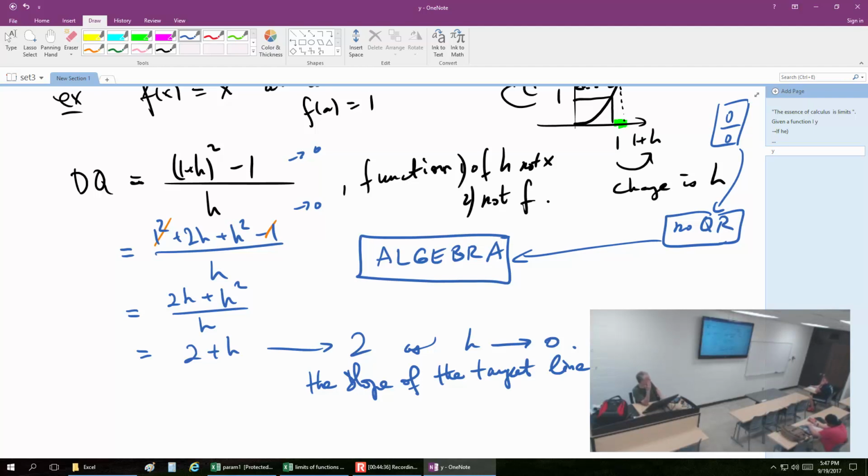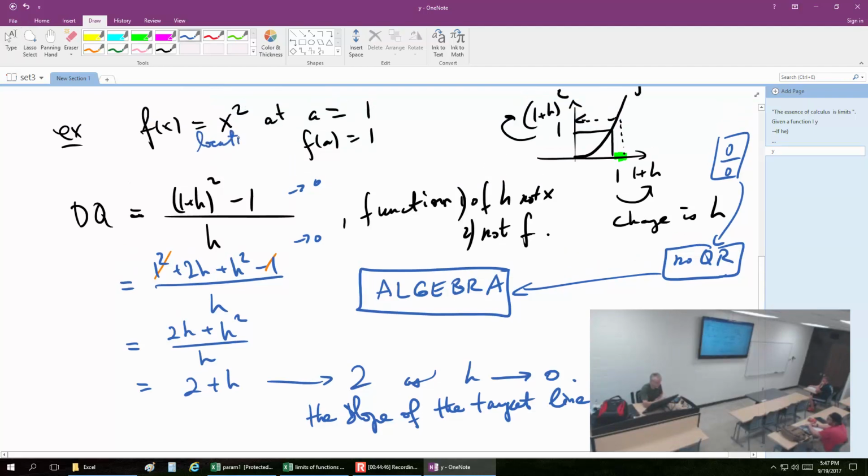So it's either motion. Your original function is location, so location is a function of time. T is time, x squared is location. So you know that you're going faster and faster. And then your derivative, the slope of the tangent line, will be the velocity.